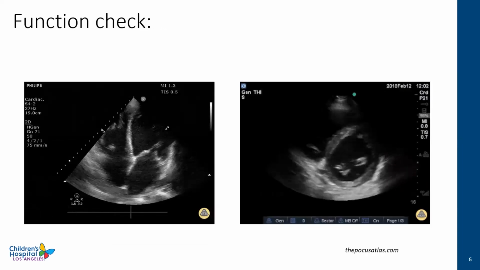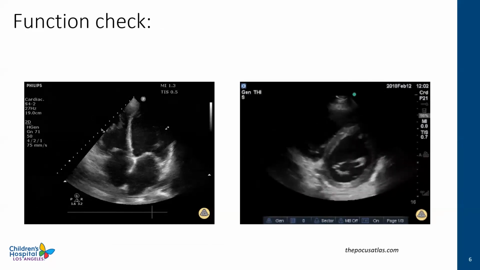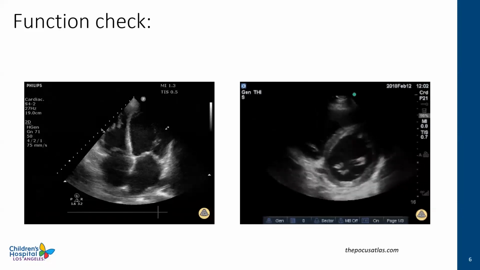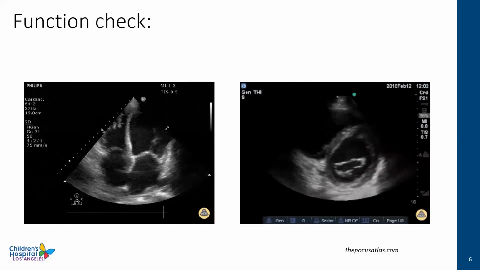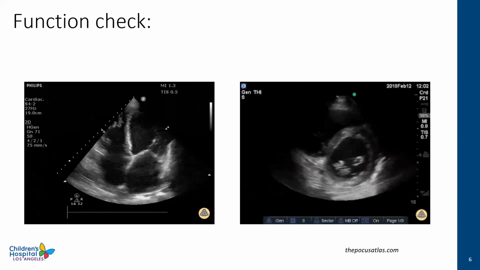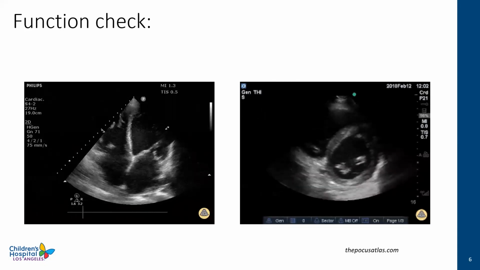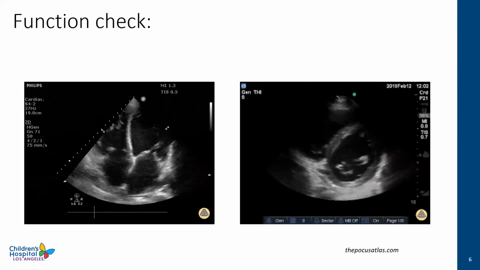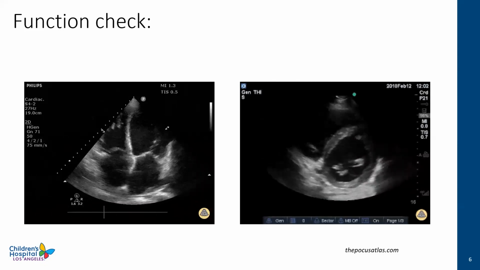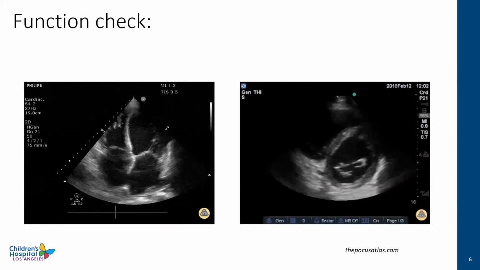For function, I think a lot of us looking at this would say that this patient has overall decreased LV function, and you could probably call this severely depressed function. And studies have shown that just by eyeballing, with POCUS, we can actually evaluate LV systolic function with some reasonable accuracy. But there are definitely limitations, and it's prone to inter-observer and study variability.